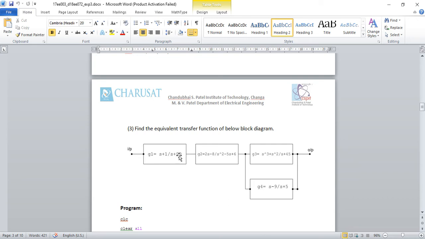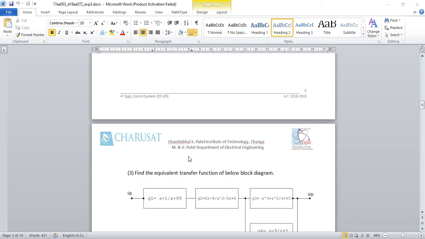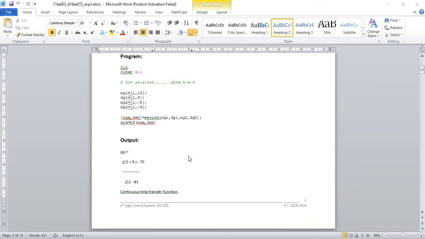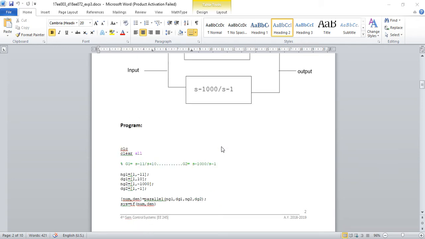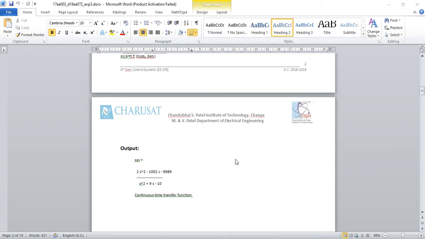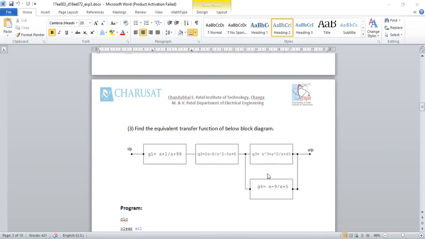I'm not taking new values, I will be taking the values which I have taken earlier. That means G1 is whatever I have written, G2, G3 and G4 the same. These two are in parallel, these two are in series.